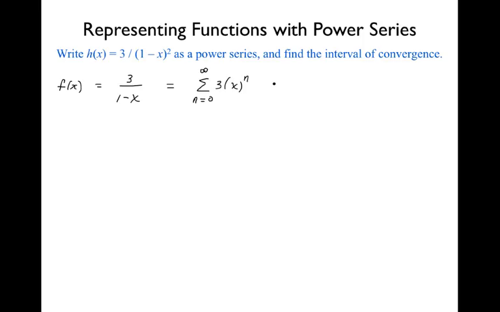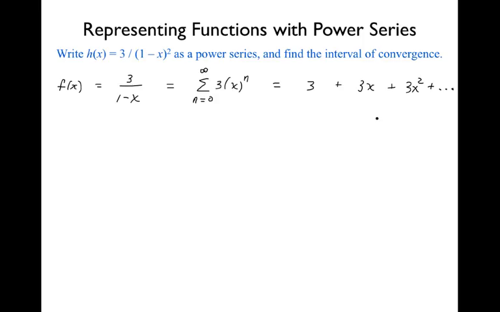And I'm also going to write out several terms here. Can you give me the first couple terms of that? 3 plus 3x plus 3x squared. Good. That's it. So it might have been better to write 4 terms, but all I had room for was 3.